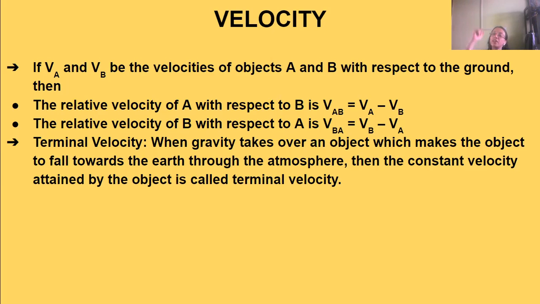The gravity is taking over the object. The object will fall freely towards the earth through the atmosphere, so that there will be a constant velocity. That velocity is known as terminal velocity.